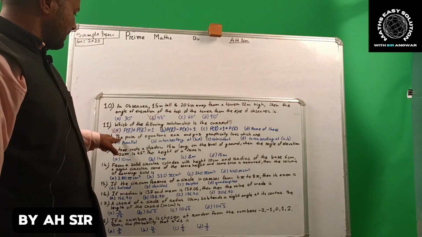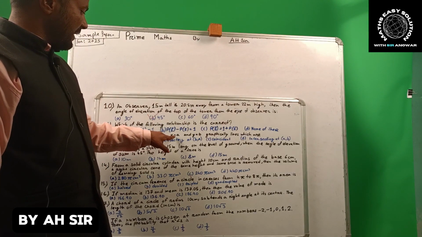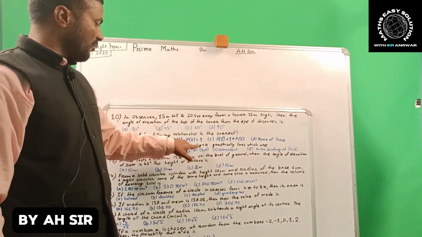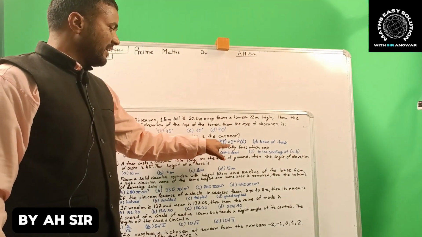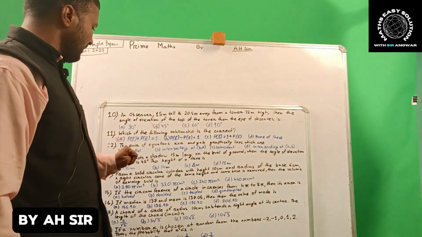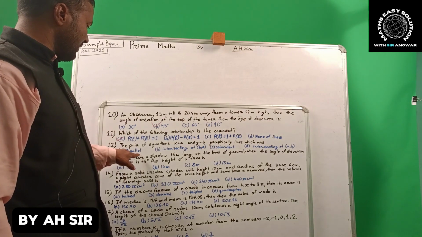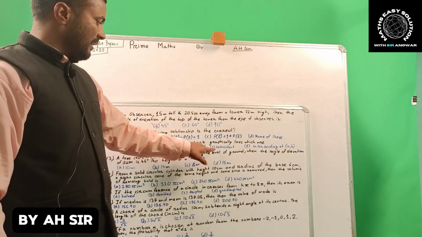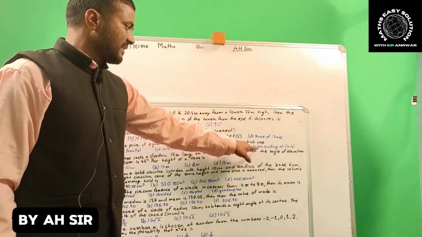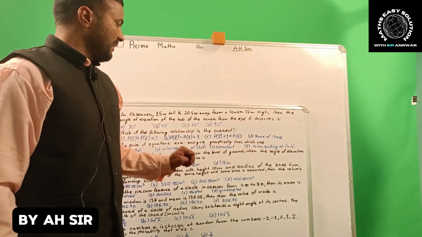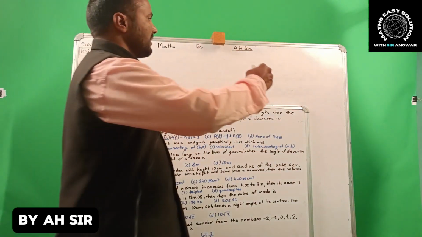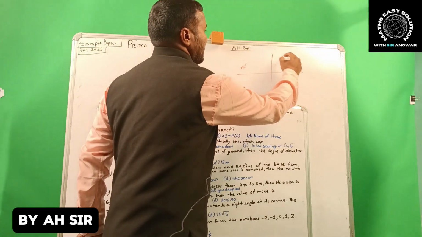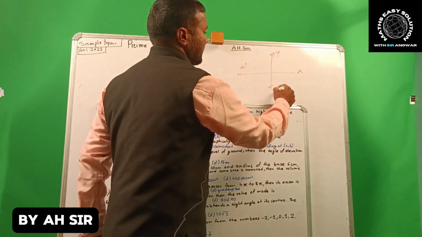Next, the pair of equations x equal to a and y equal to b, graphically lines, which condition is satisfied here? Parallel, intersecting at (b, a), coincident, option D, intersecting at (a, b). So like this question, you see here in the graph, this is x-axis, this is y-axis.